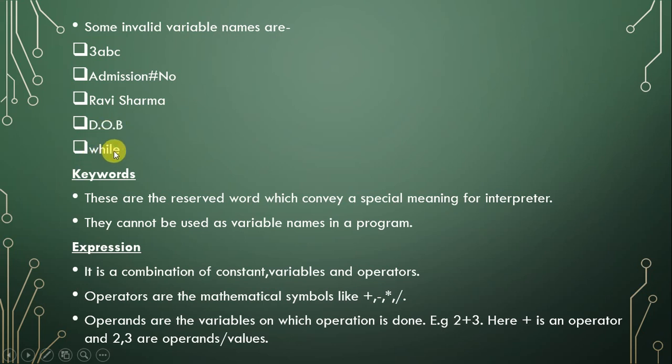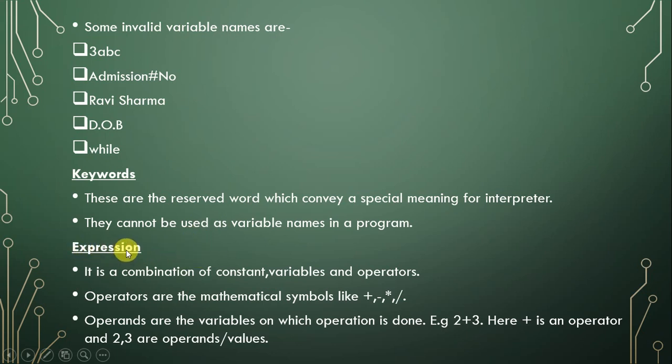This is a keyword, so as told, a keyword cannot be used as a variable name in Python. Keywords are reserved words which convey a special meaning for the interpreter. They cannot be used as variable names in a program because their working is already defined in Python. They have some specific work. If we try to use them as variables while writing a program, it will display an error.